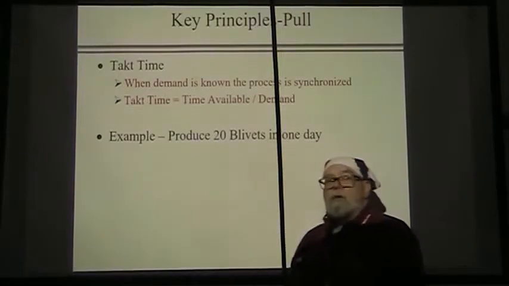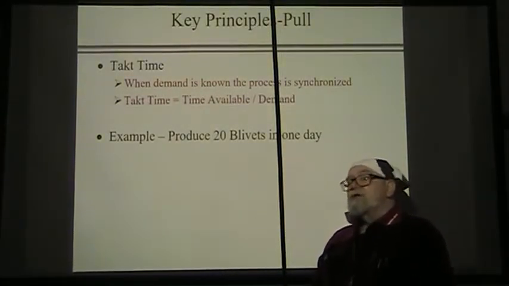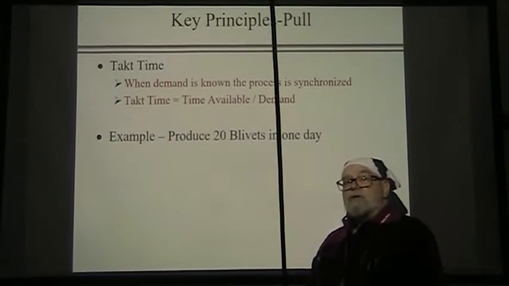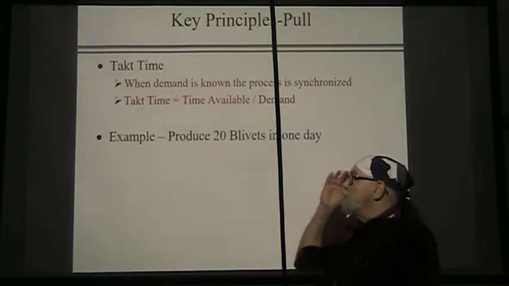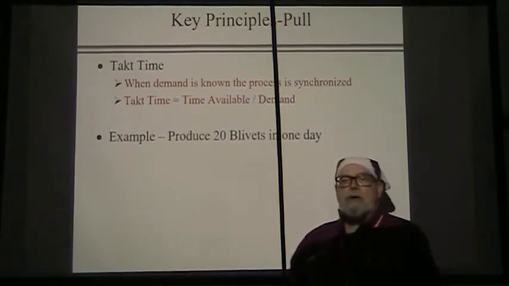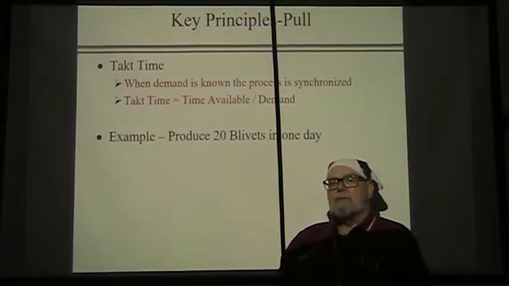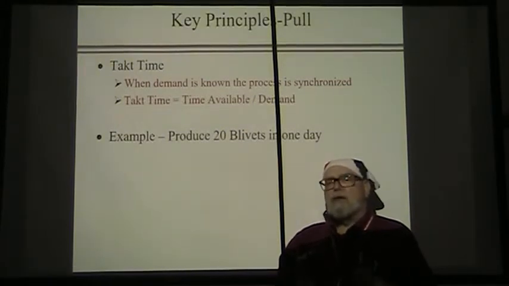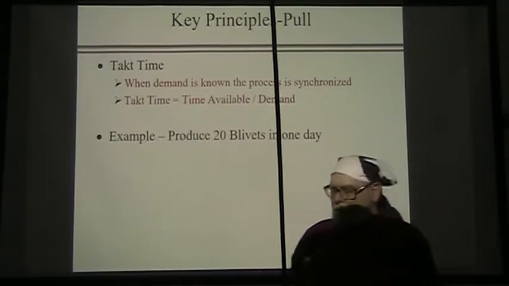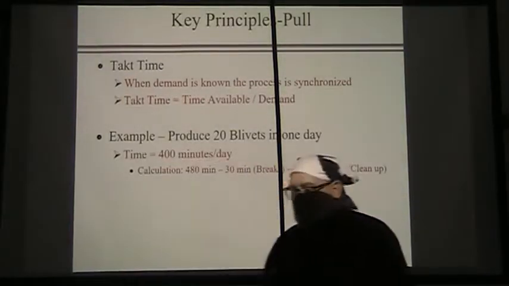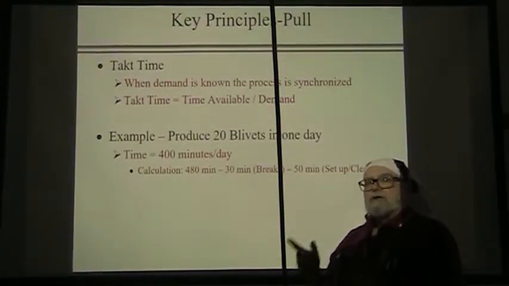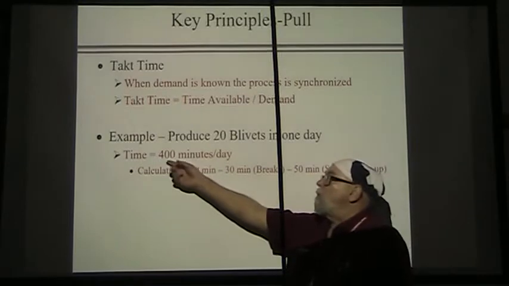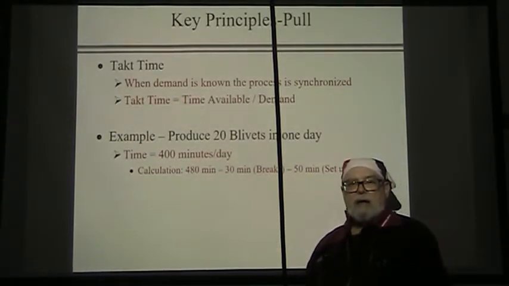So my example is we have a company and they have to produce 20 blivets in one day. And I'm sure y'all know what a blivet is. Wait, you don't? A blivet is 10 pounds of horse manure in a 5-pound bag. So the time that they have available to make these blivets is 400 minutes per day.